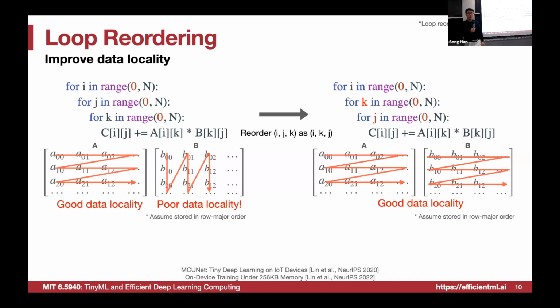So C has pretty good locality. But in this way, j becomes the inner loop and i is the outer loop, so C no longer has its best locality. So there's always a trade-off. There's no best of both worlds for A, B, and C. You have to make some sacrifice. But overall, in this way we can effectively accelerate the matrix multiplication.